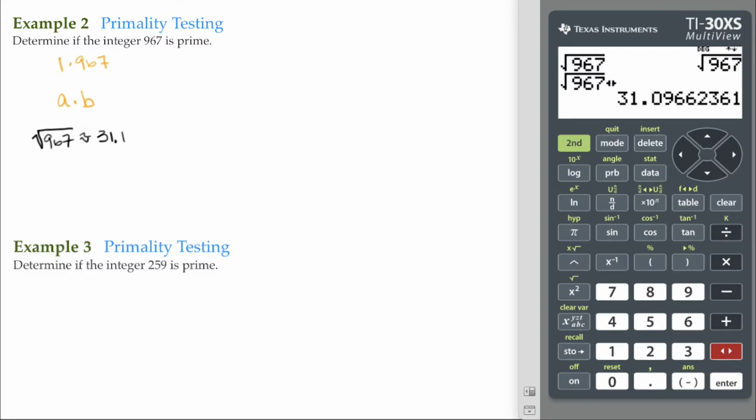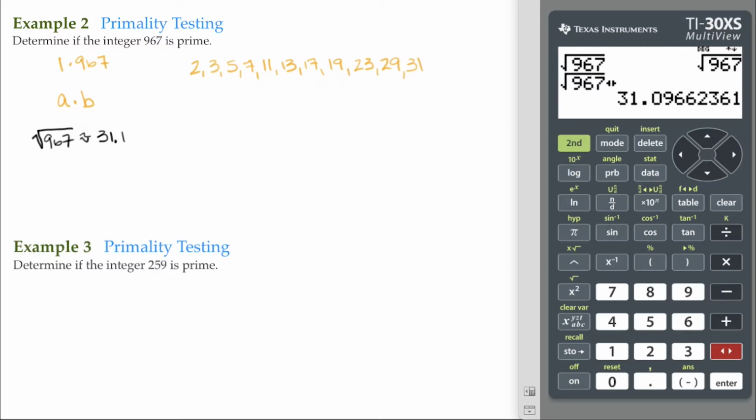So the primes are 2, 3, 5, 7, 11, 13, 17, 19, 23, 29, and 31. So we only have to check the primes between 2 and less than 31, and these are them.